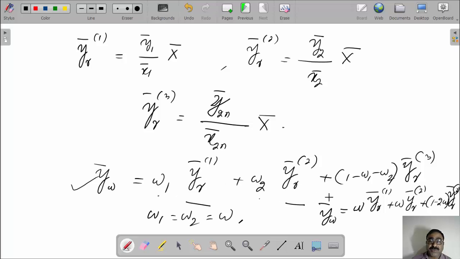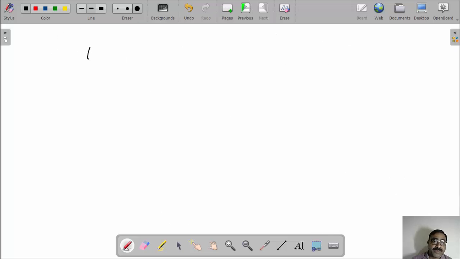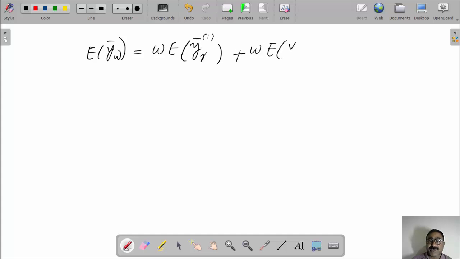Now we shall determine the weight W so that the bias of the estimator y W bar to the first order approximation will be 0. So consider the expectation of y W bar, equal to W expectation of y r bar 1 plus W expectation of y r bar 2 plus (1 minus 2W) expectation of y r bar 3.